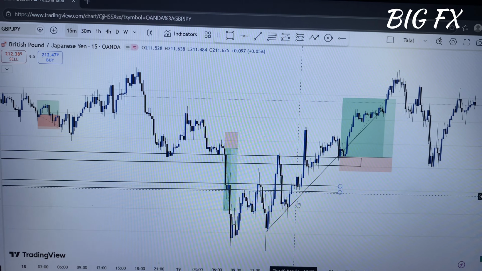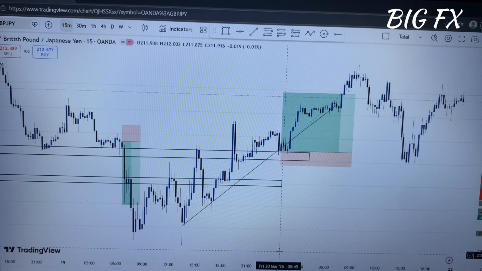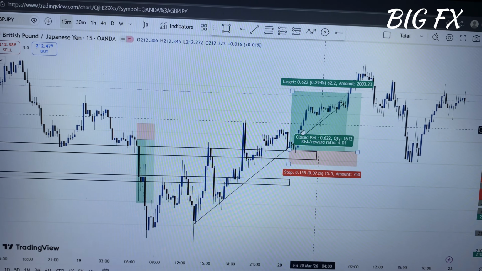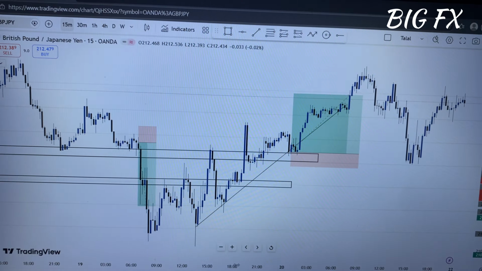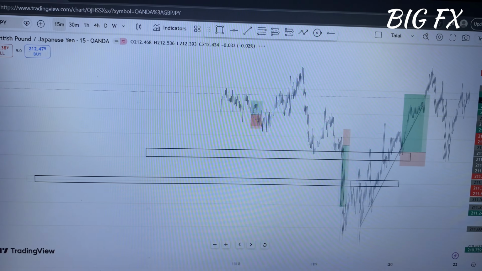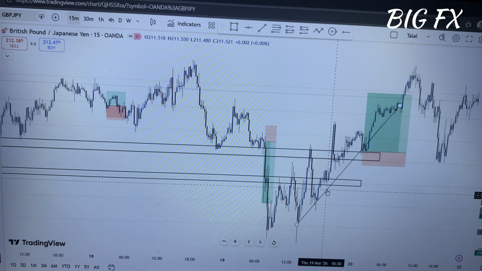Alright, guys, this is my GBPJPY screen. You can see this was the trade I took, 1:4, a buy for that matter. I think the trade already makes sense why I bought at this point, right?